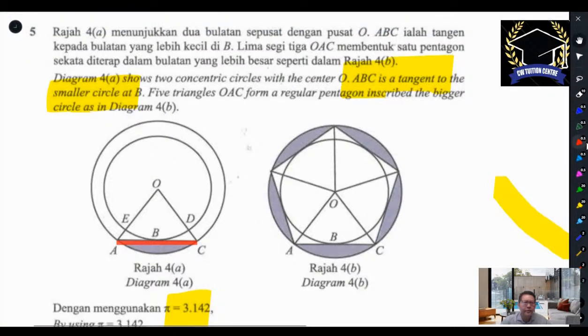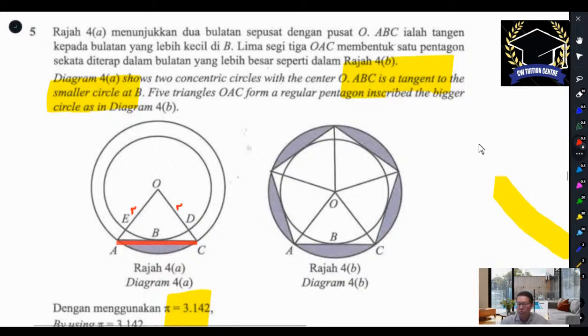Here, let's see. This is the radius. They never mention about the radius. I just put it R, and this is R. What other information we have here? That's all. And this is the tangent.